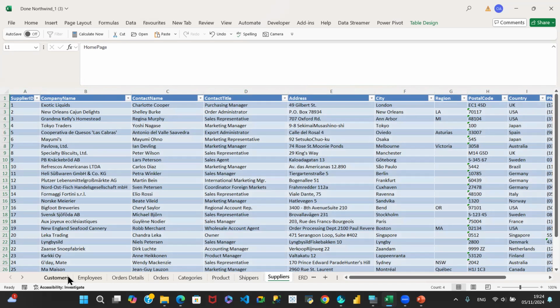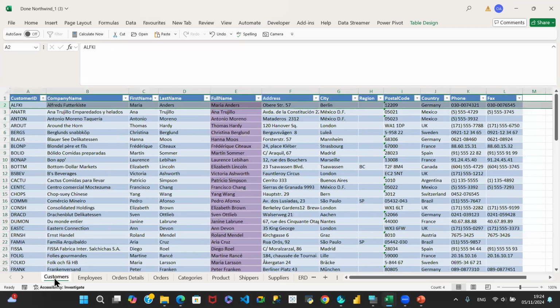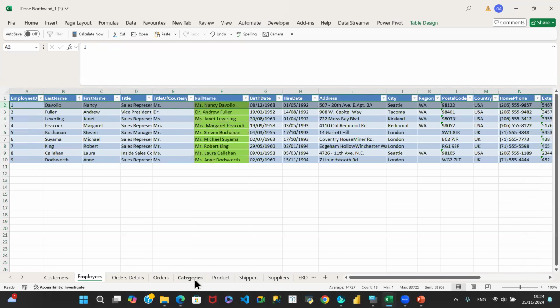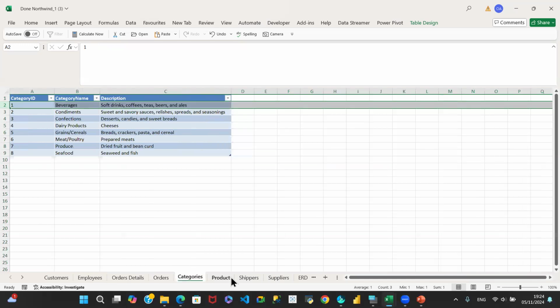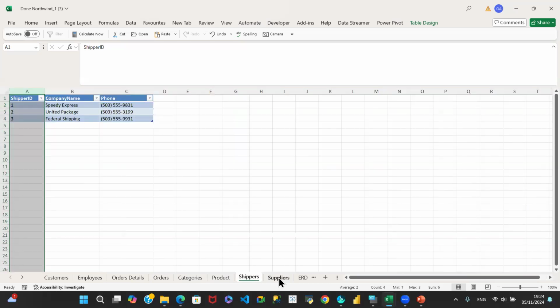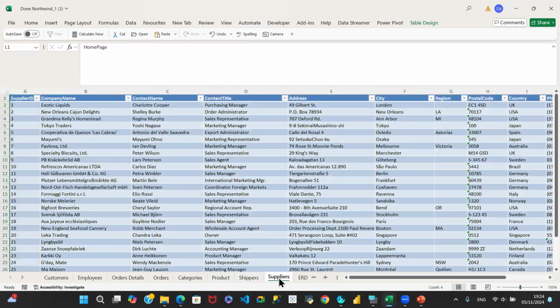Now, the customers table, the employees table, the categories table, the products table, and the shippers, as well as the suppliers table, these are all the descriptives. They describe the different entities that our business is about.